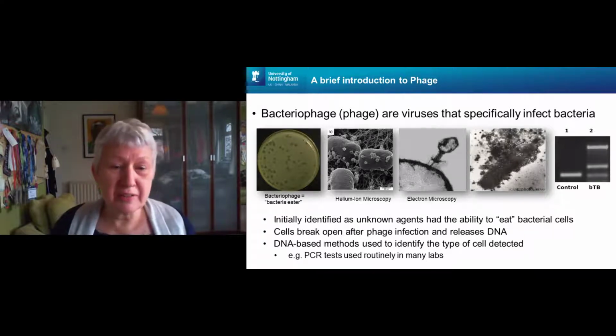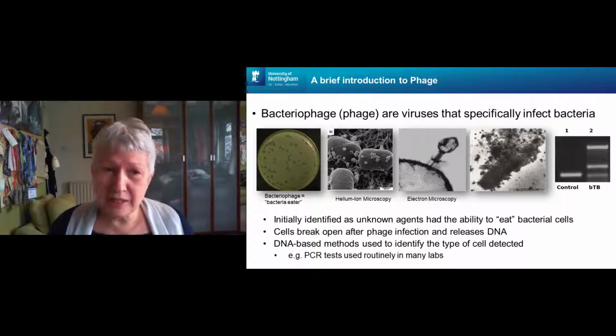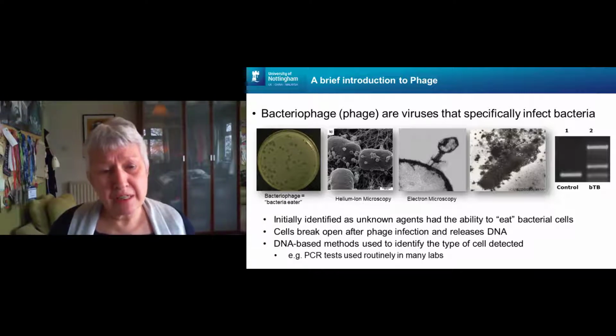So they were originally discovered and given this name bacteriophage from the fact that they could eat bacterial cells. So like all viruses, the first thing they have to do is bind to and recognize their host cell. And there's some fabulous helium-ion pictures that came from a Finnish group. And unlike eukaryotic viruses, to achieve this, our viruses usually have these tail structures, which encode enzymes that will help them break open this thick cell wall.